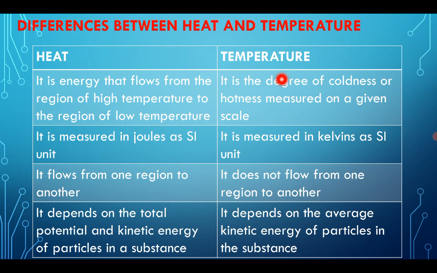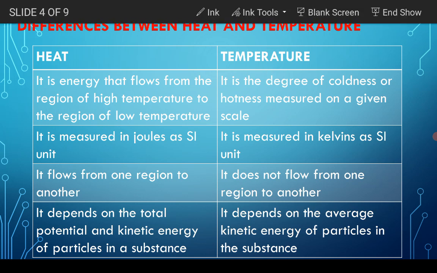On the other hand, temperature is simply the degree of coldness or hotness measured on a given scale. The given scale here can be a Kelvin scale or a Celsius scale. Usually you have thermometers that are calibrated in kelvins, as well as those calibrated in degrees Celsius.